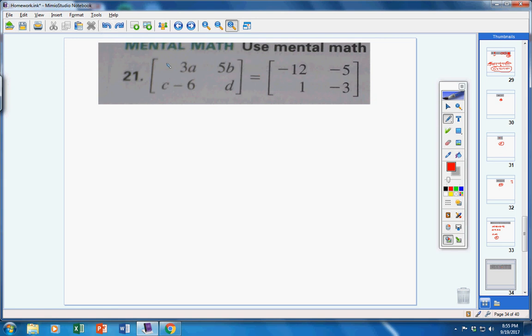That means that 3a equals negative 12. So what would a have to be? Negative 4, because 3 times negative 4 is negative 12.